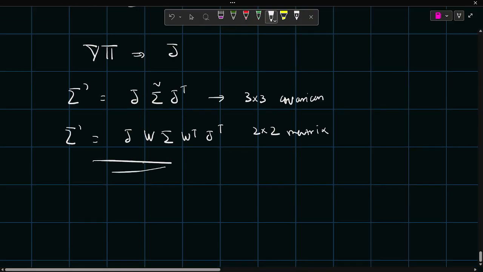So yeah, this is how you get the shape of a 3D Gaussian into 2D image space. The key is you don't directly project it with the perspective projection, but rather you need to take a differential of it. So we take a Jacobian of the perspective projection.